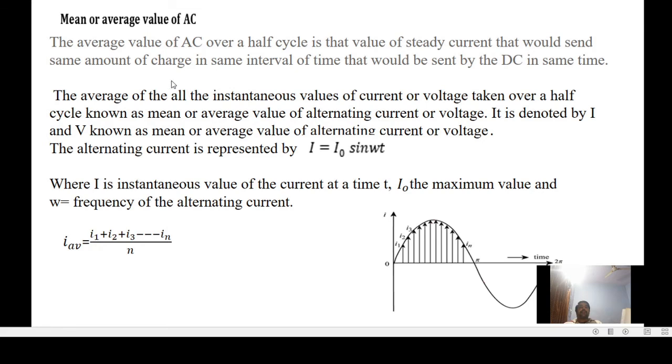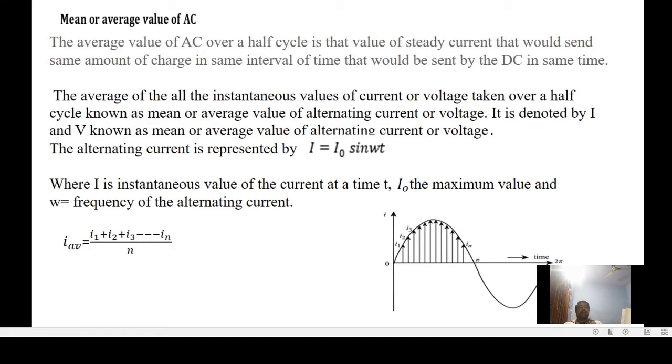It is also defined as the average of all instantaneous values of current or voltage taken over a half cycle, known as the mean or average value of alternating current or voltage.